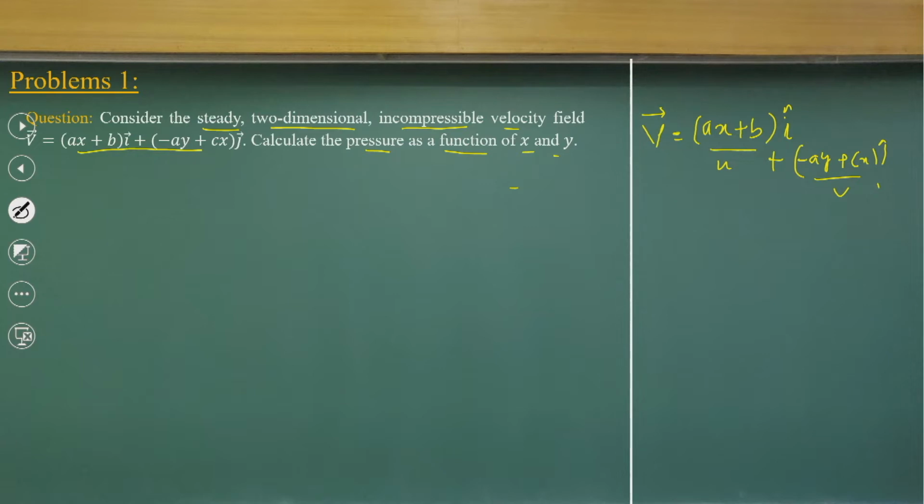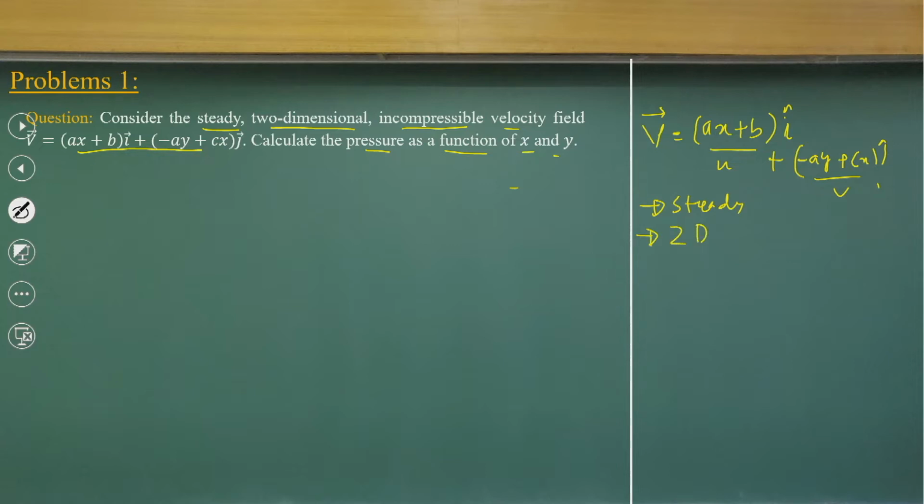You have to first check what assumptions are there. If you look at it, both u and v do not have any time component, so it is a steady flow. You just have to verify it. Also u and v are not functions of z, so the flow is two dimensional.